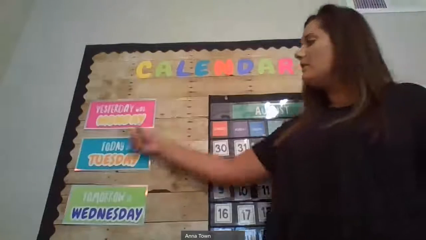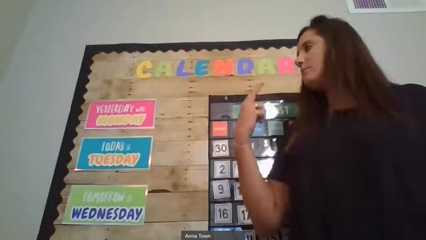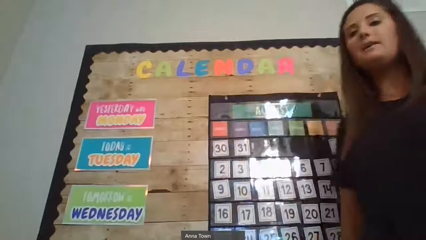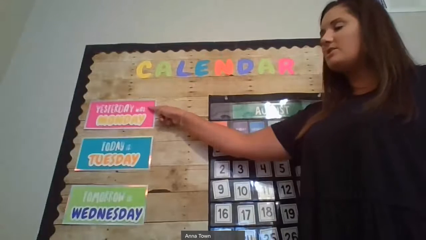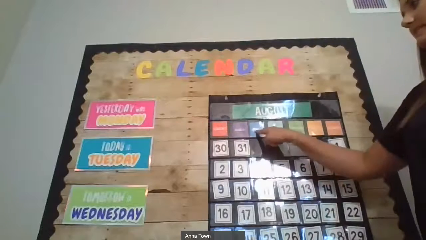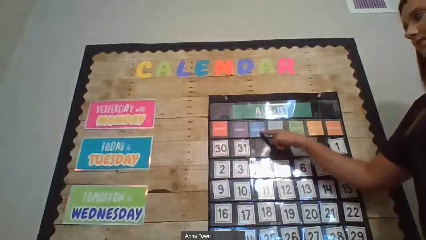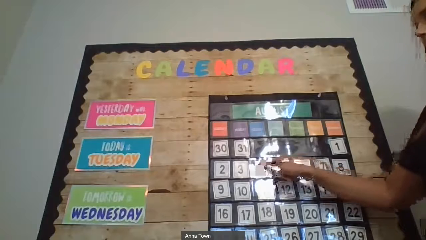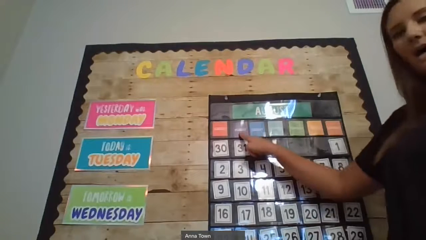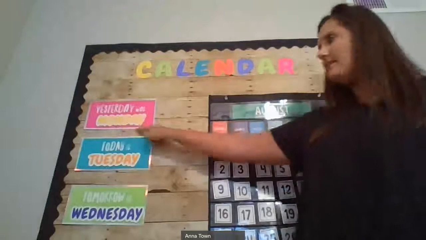I like to review what yesterday was, what today is, and what tomorrow is to help us learn the days of the week. So we start with yesterday. So we go, this is today. I always like to point where we are. Today is Tuesday, the 4th. So yesterday was Monday. That's how you say Monday.